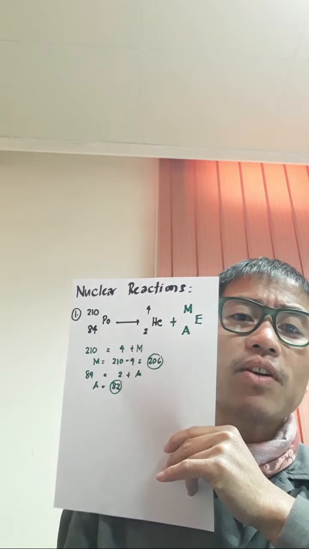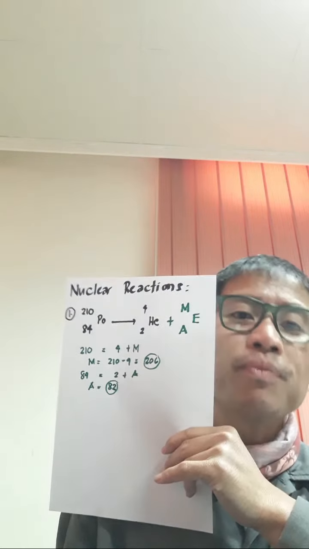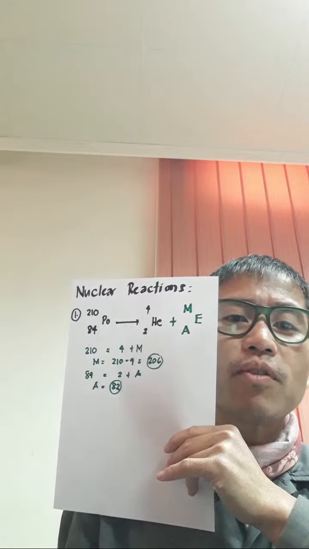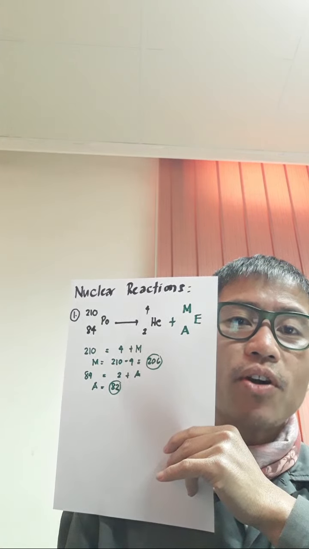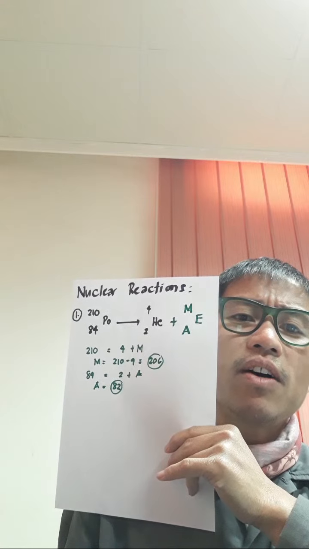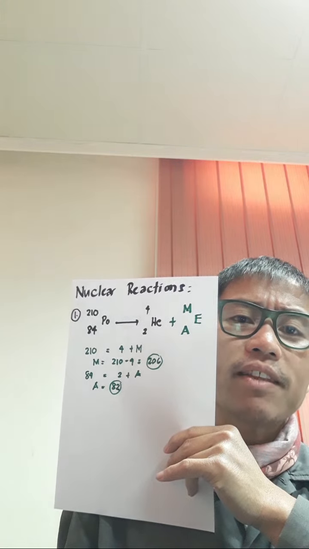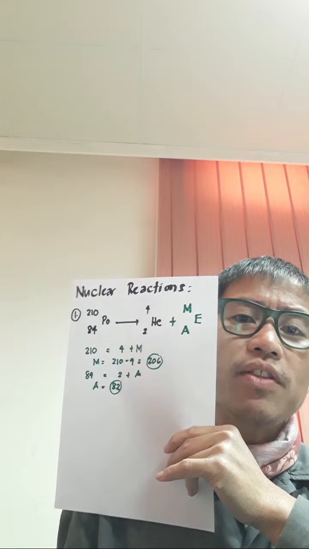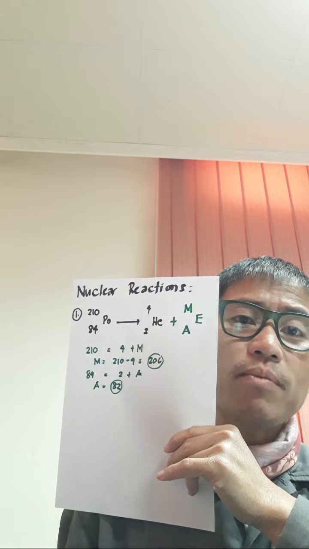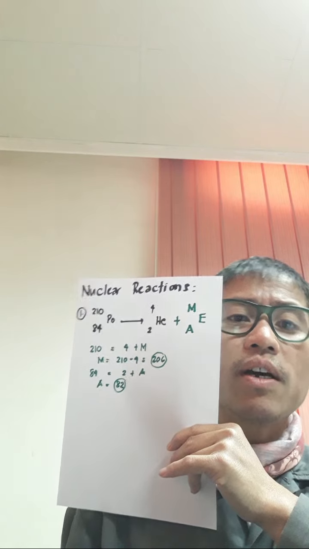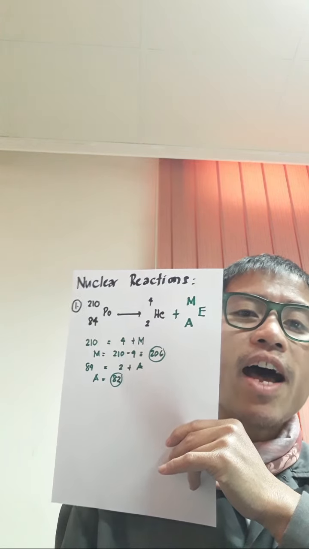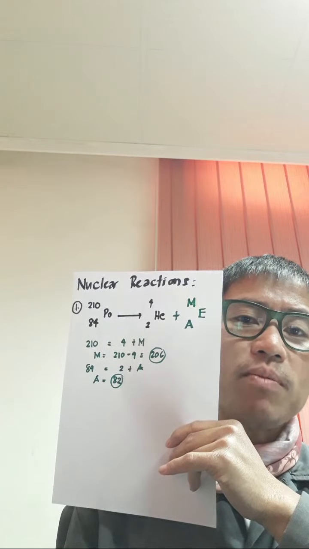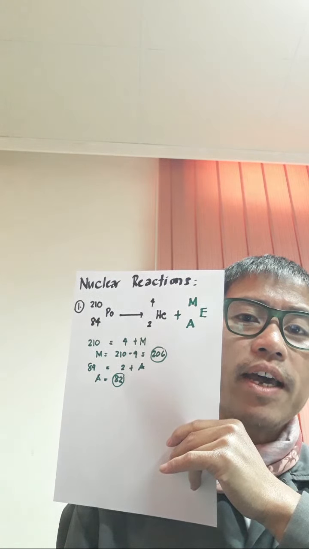Then solve for the value of the variable that we are trying to obtain. E is the element, so after getting the atomic number, we know the element.